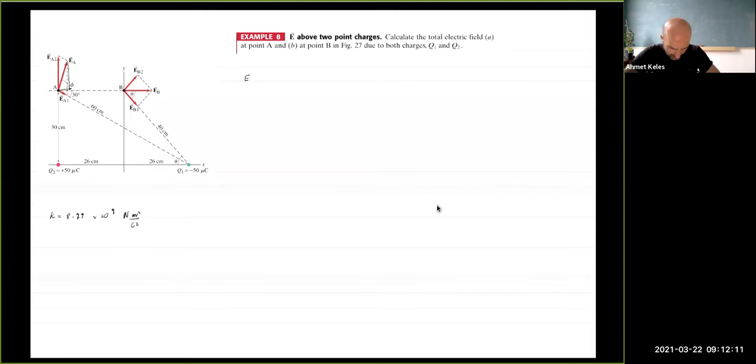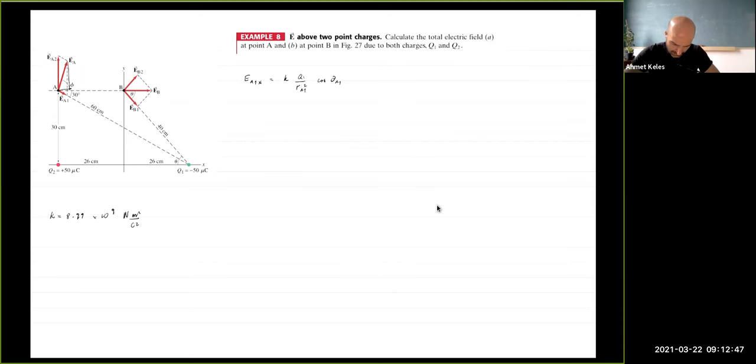Let's do this for A. The electric field at A due to charge 1 along, let's say, the X direction is equal to K Q1 divided by, let's call it R_A1 squared, and we need to multiply with cosine theta A1, right?